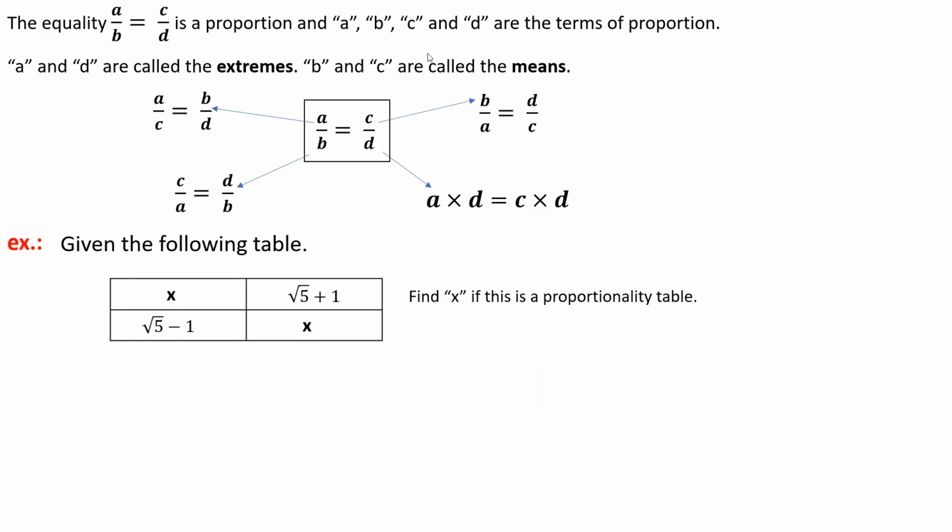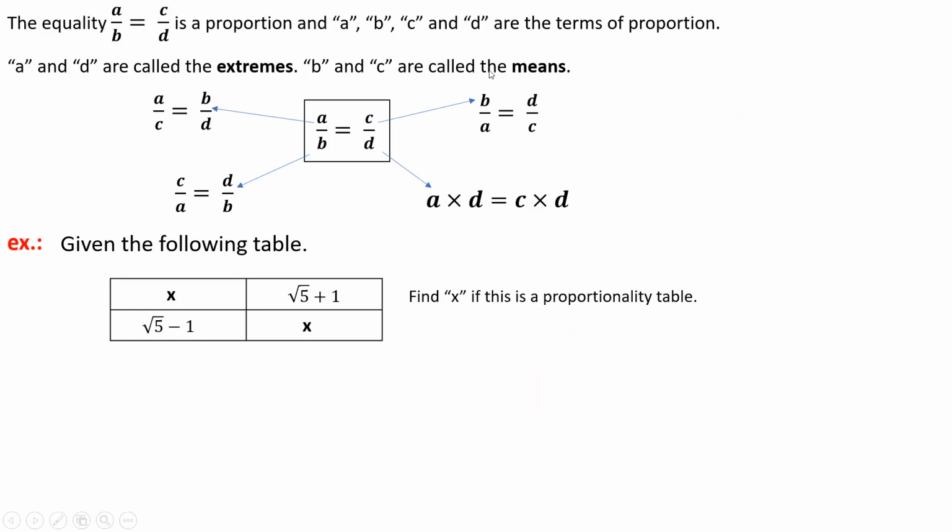Now, the equality A over B equals C over D is a very important equality. What does this mean? If we have the equality A over B equals C over D, then A, B, C, and D are terms of proportion. A and D, we call them the extremes.